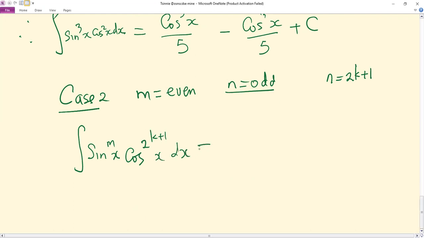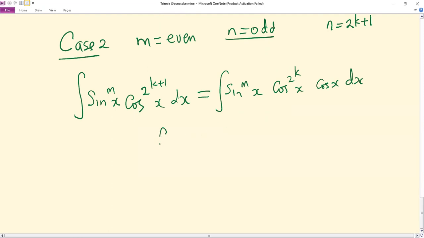And then you write it as the integral of sine power m x cos 2k x and then cos x dx, just a split of indices. And this is the same as the integral of sine power m x times cosine squared x raised power k and then cos x dx.